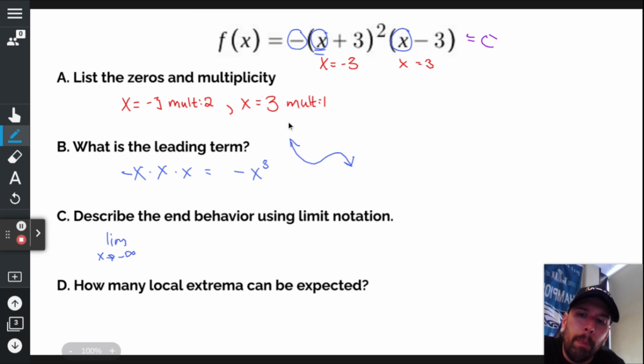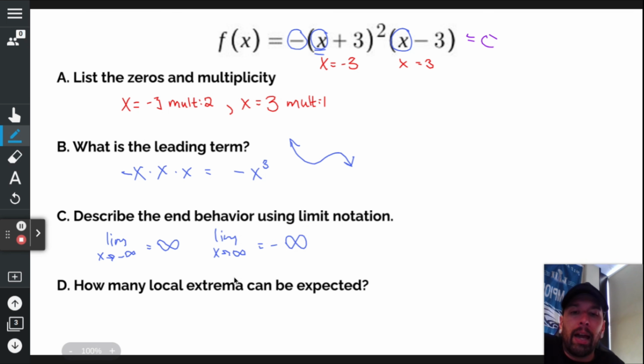Well, it's going up, which means as x approaches negative infinity, it goes towards positive infinity. As the limit of x approaches infinity happens, I am moving to the right without bound, which means I'm going down forever and ever, and that's going to be negative infinity. This is limit notation. Make sure you know limit notation.